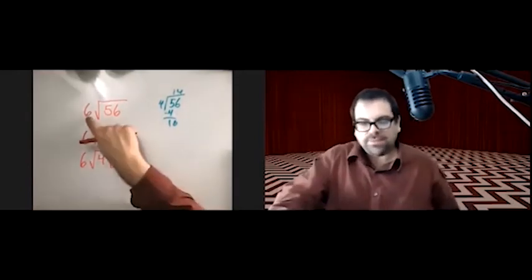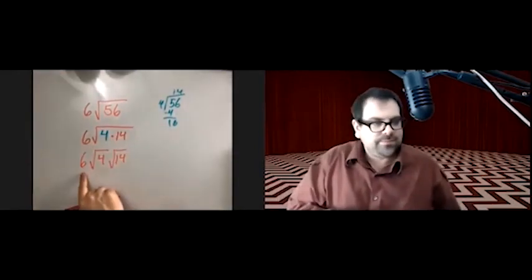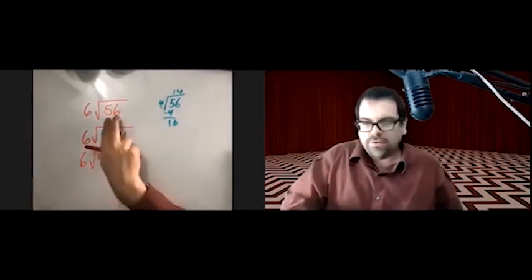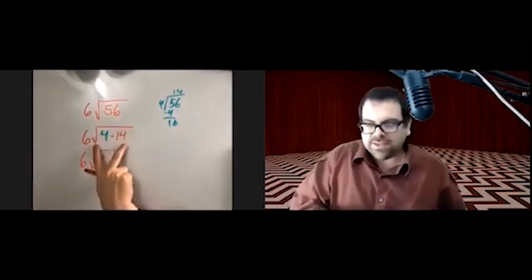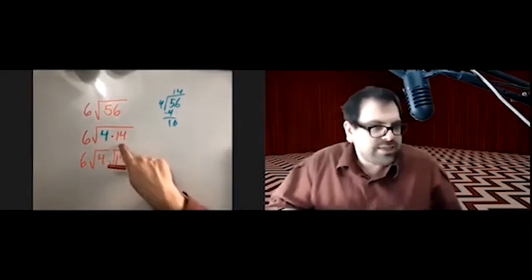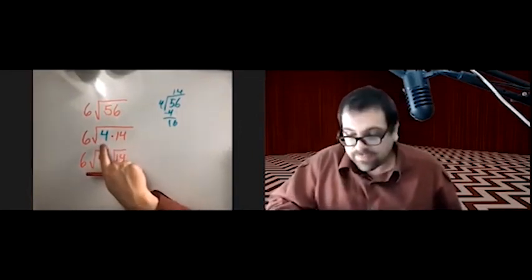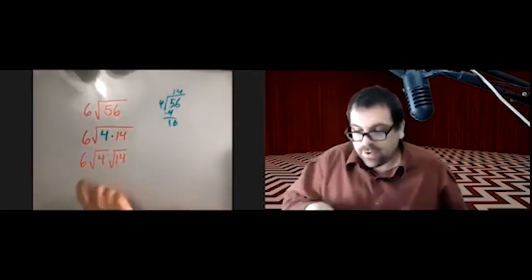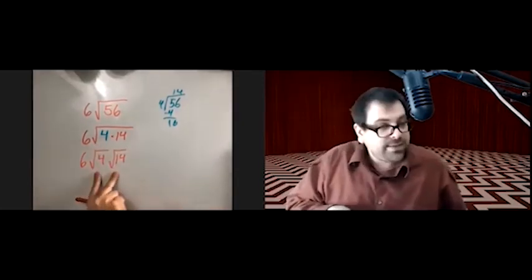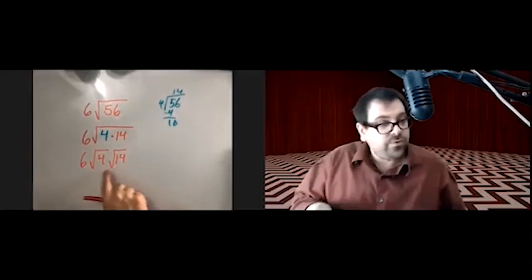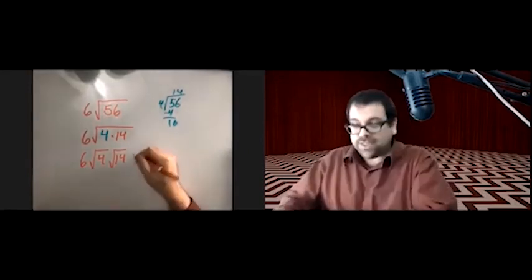So see, I'm carrying the 6 all the way down. The square root of 56 becomes the square root of 4 times 14 because 4 is a perfect square factor. That square root now splits: square root of 4 times square root of 14.